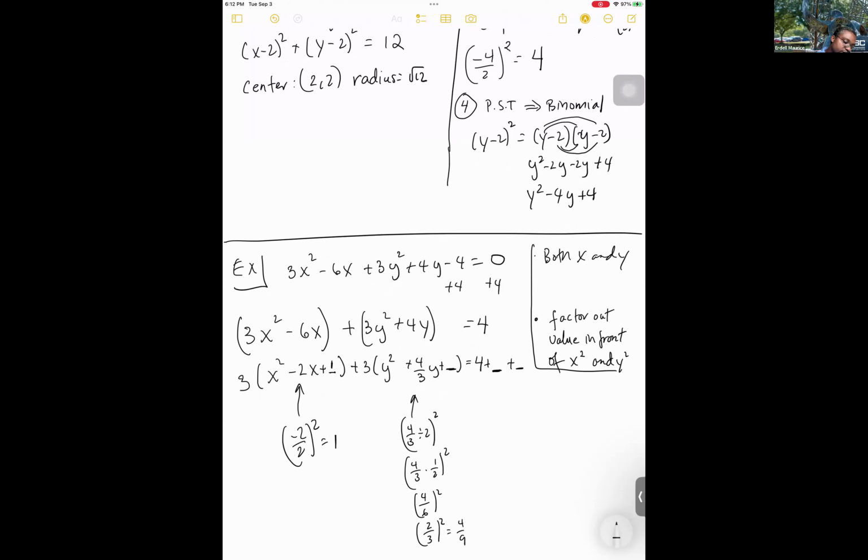And so this number right here is going to be 4 over 9. That's really small. Let me make it larger. Questions there on how I found those missing values?